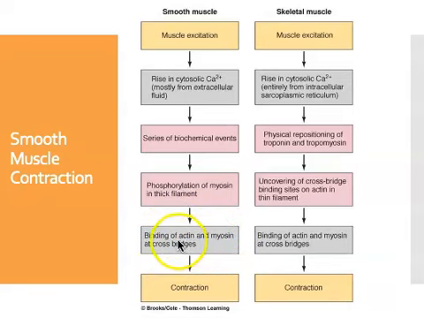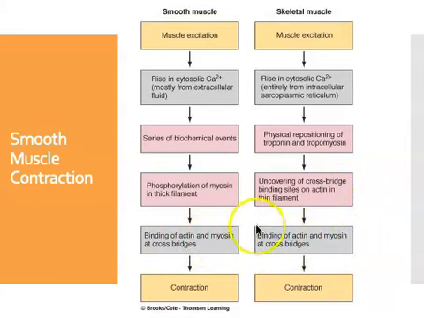filaments forming cross bridges. Remember, on the skeletal muscle side, it's calcium binding to troponin that causes a shape change that pulls tropomyosin out of the way. That uncovers the myosin binding sites. And then you can have the heads binding to the actin in the thin filament, forming cross bridges.